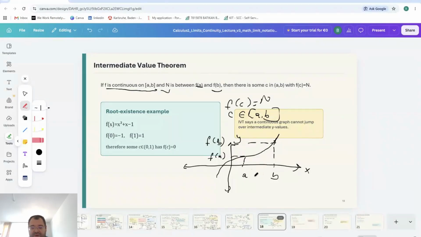We can give any value between a and b as an input parameter, and it will have a corresponding y value. All values have corresponding y values, and their limits are also equal to the corresponding y values for those x values between a and b. So you have, for example, n here.